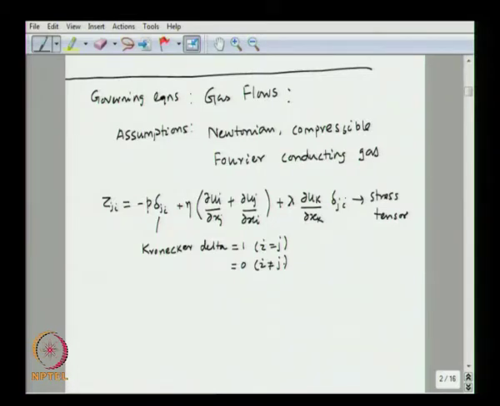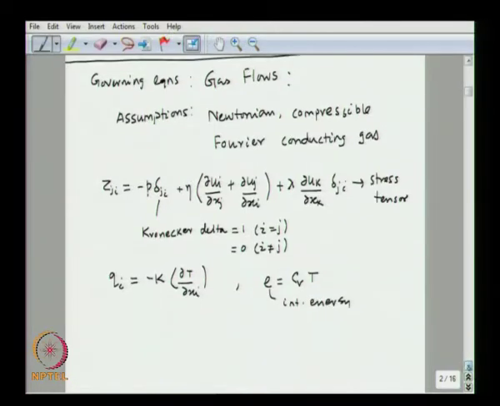Similarly we can write down the heat flux qi as minus k into del T over del xi, and the third constitutive relationship will be energy E equals Cv into T, specific heat at constant volume into the temperature, and this is the internal energy.